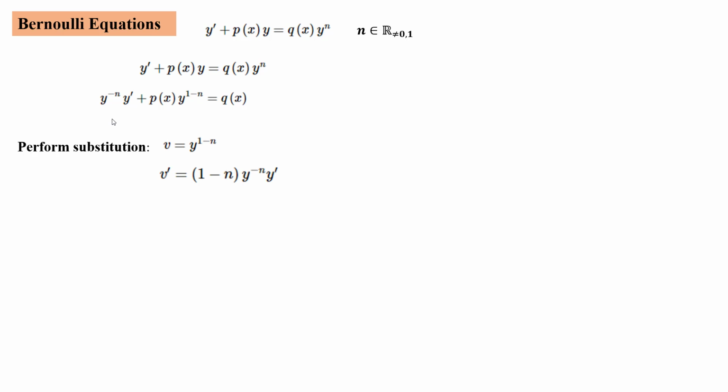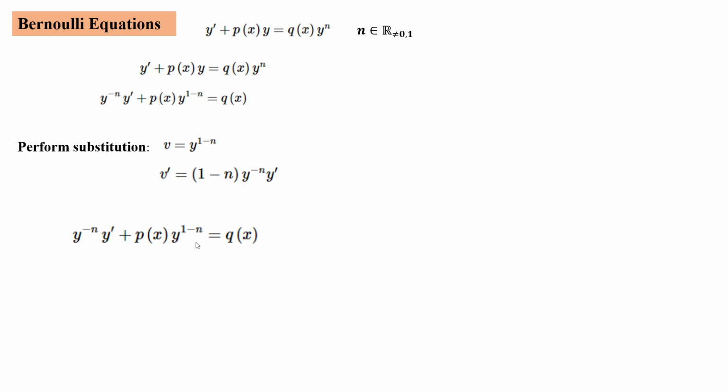So you guessed it, what we're going to do is we're going to introduce a substitution. And you can play around with it a little bit. What substitution would you introduce? So this is a derivative of a function times a function of x times the function. And you'd arrive at the fact that if you let v equal y raised to 1 minus n, then v prime is, just apply the power rule, 1 minus n times y to the negative n times y prime, because of the chain rule.